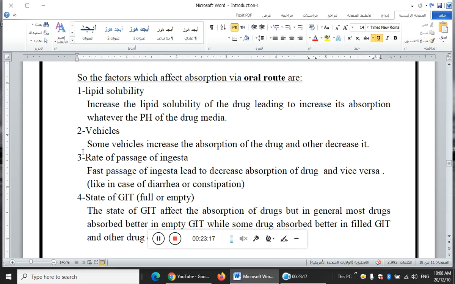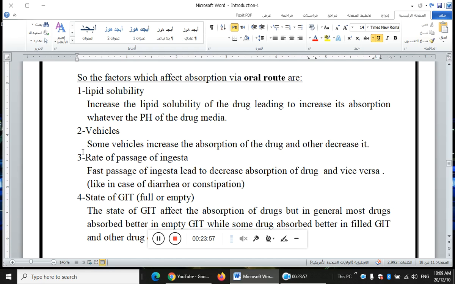The fast passage of ingesta through the intestine will decrease the absorption of the drug because the drug will pass fast through the intestine, like in case of diarrhea, while the slow passage of ingesta, that means the slow passage of drug through the intestine, so the amount absorbed will be more, as in case of constipation.